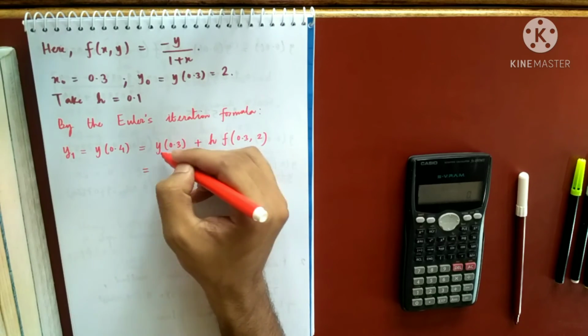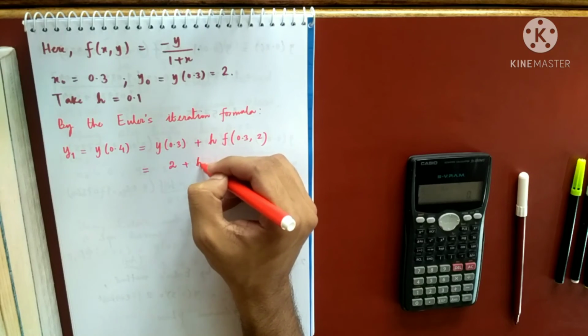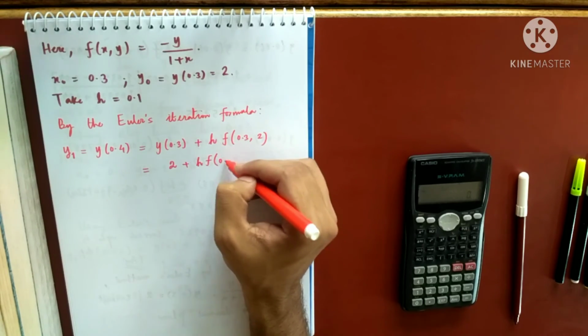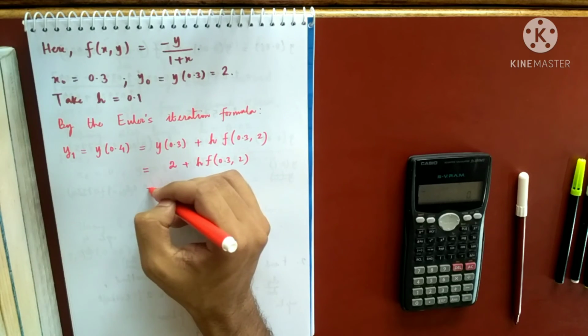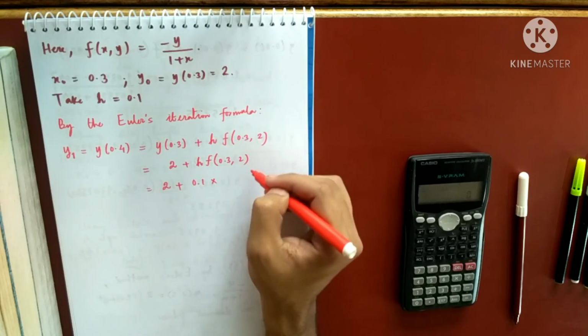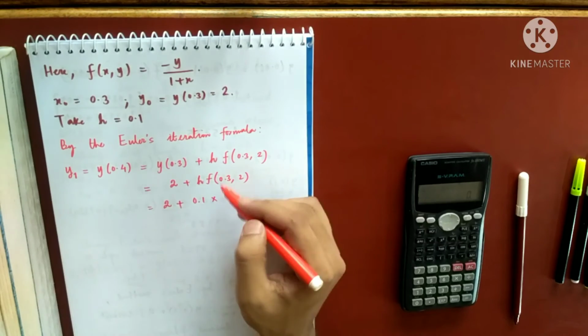So it is 2 plus h times f of 0.3 comma 2. What is h? It is 0.1 into f of 0.3 comma 2. So y is 2, x is 0.3. What am I getting here?